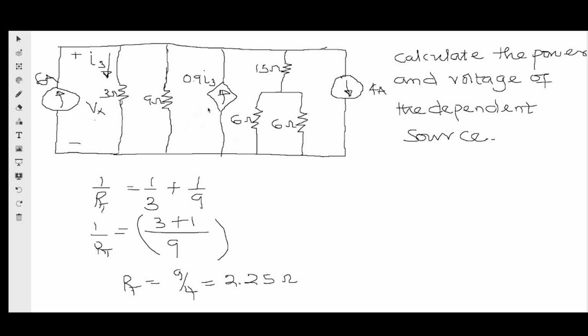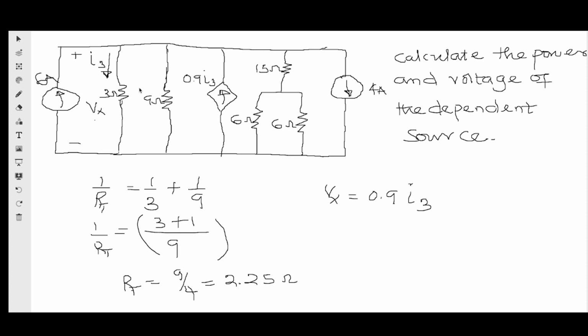And of course, for us to get Vs, we know that Vs will be equal to 0.9 I3, and that I3 is the current moving through the 3 ohm resistor. Therefore, whenever you are looking for a particular variable, make sure that you don't combine that component with all other components.